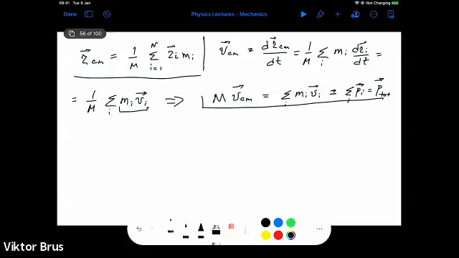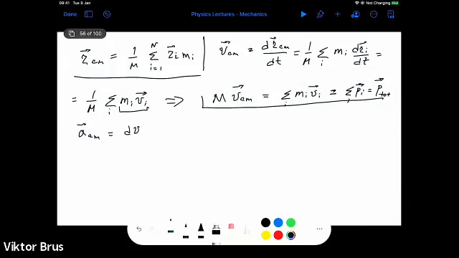Now let us take the second derivative in order to get the acceleration of the center of mass. The acceleration of the center of mass is the first derivative of the velocity.